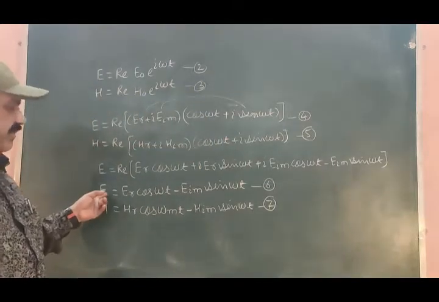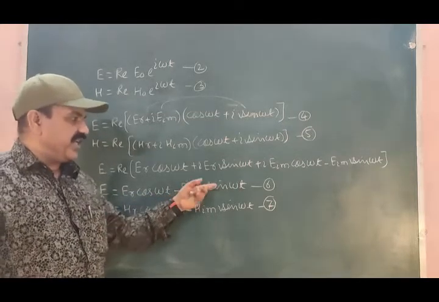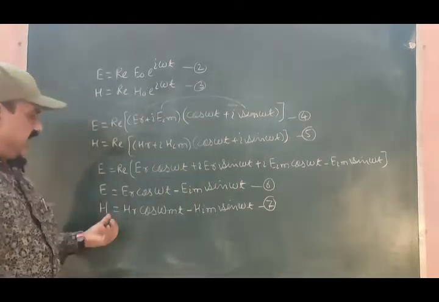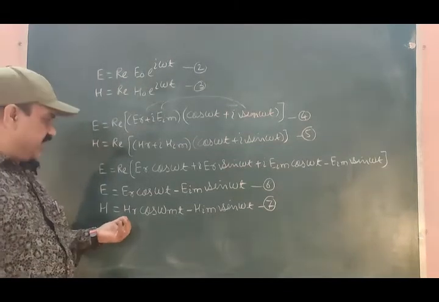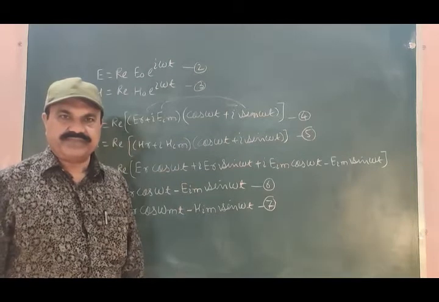So, the real part of E is ER cos omega t minus EIM sin omega t. The real part of H is HR cos omega t minus HIM sin omega t.